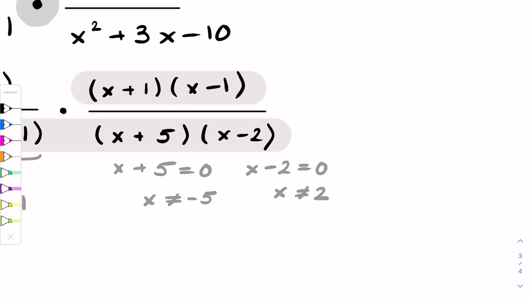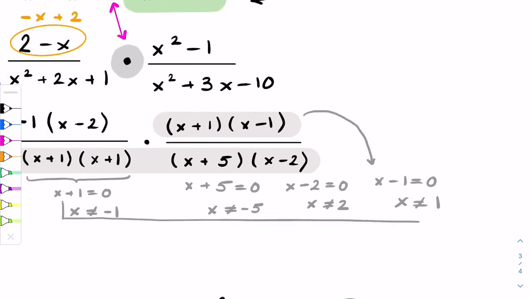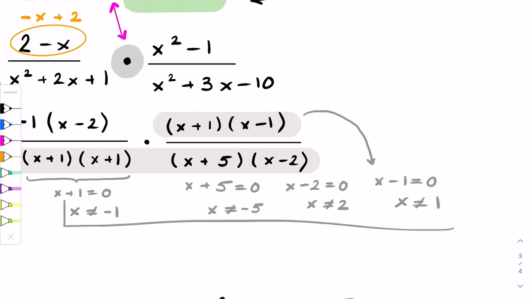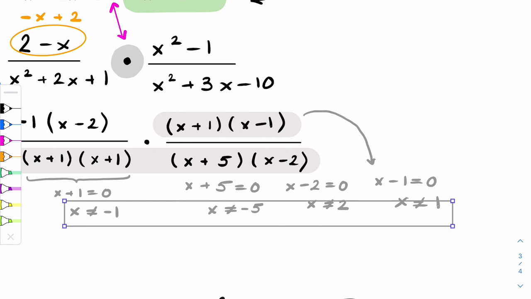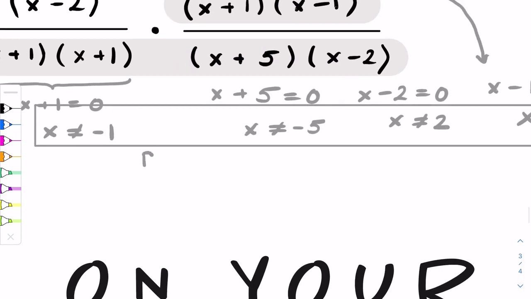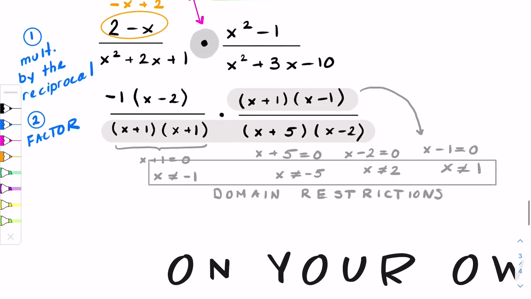So I'm going to list that over here, giving me a restriction that x cannot equal positive 1. So these four values are my domain restrictions, also called excluded values. That would be step 3.